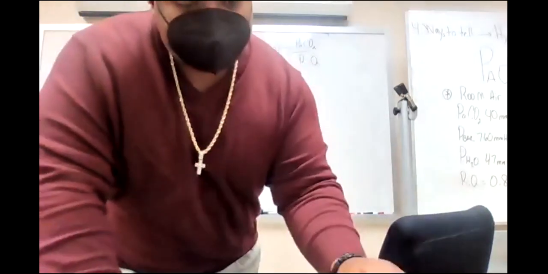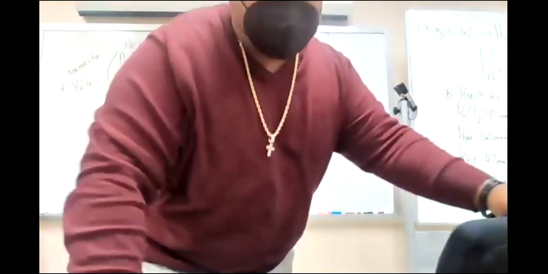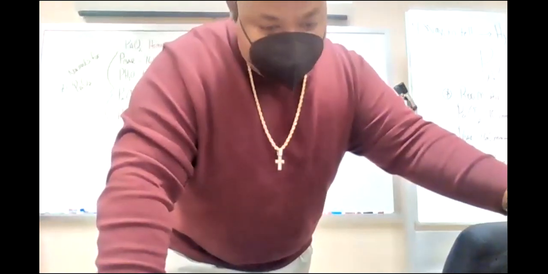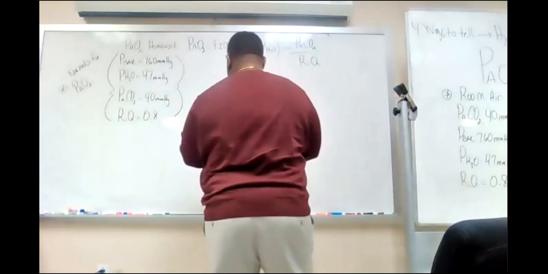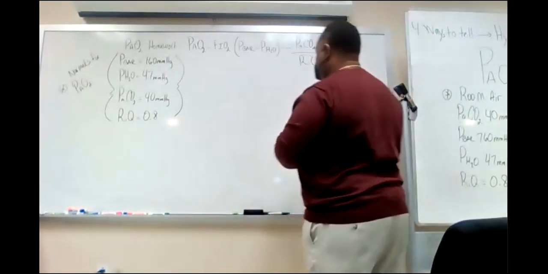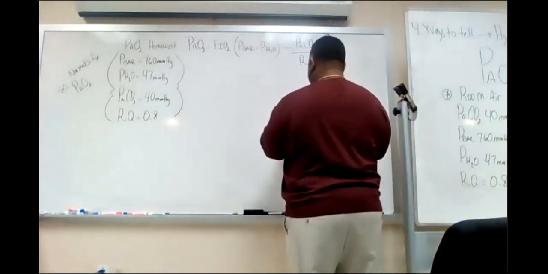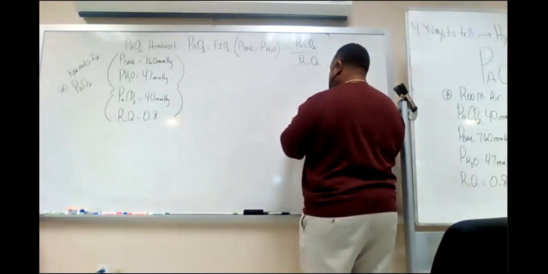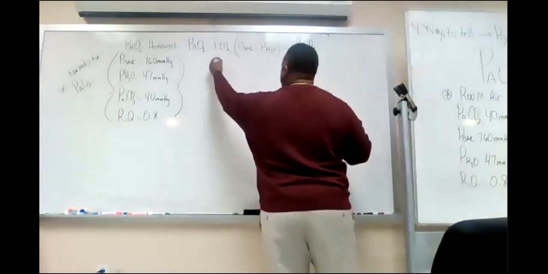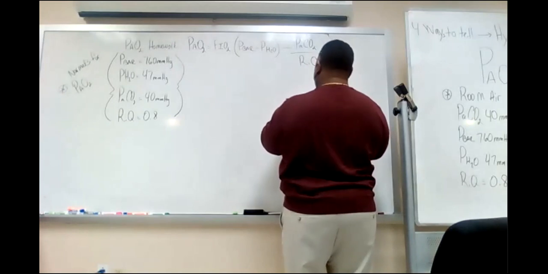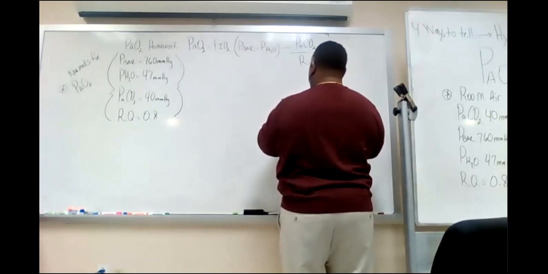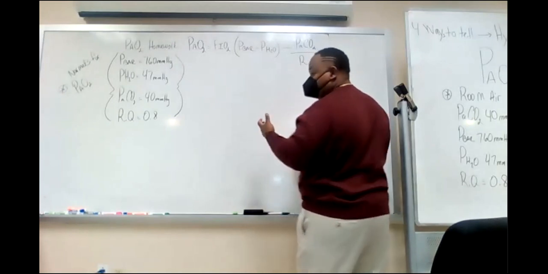So for instance, I'm going to do number one, and then I'll do one that somebody wants to see done. Okay? Number one says, this patient has a PB of 747, a CO2 of 36, and a FiO2 of 21.